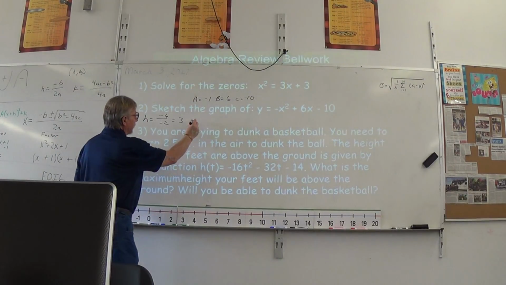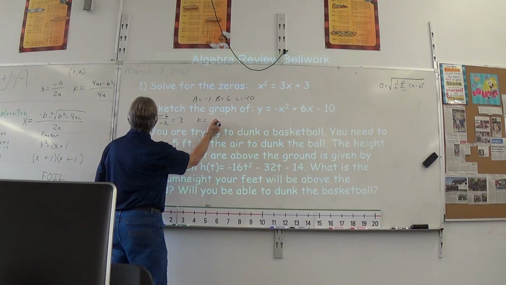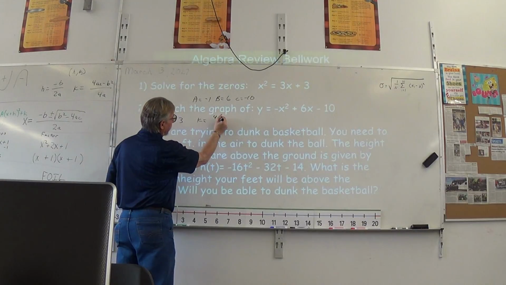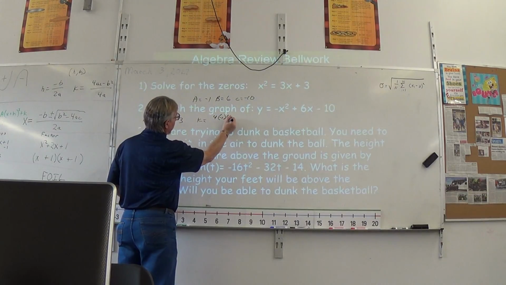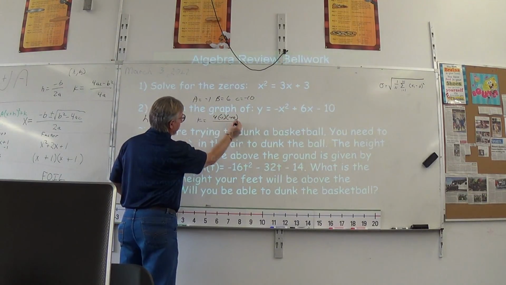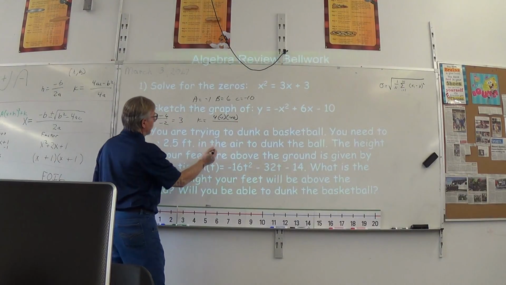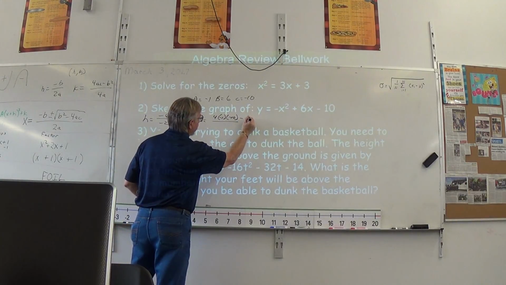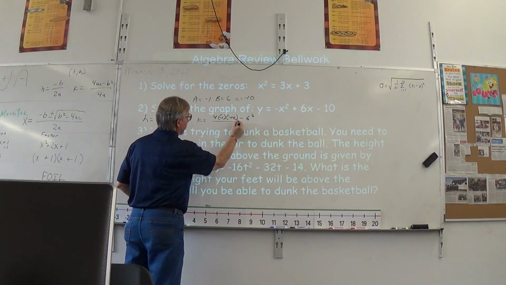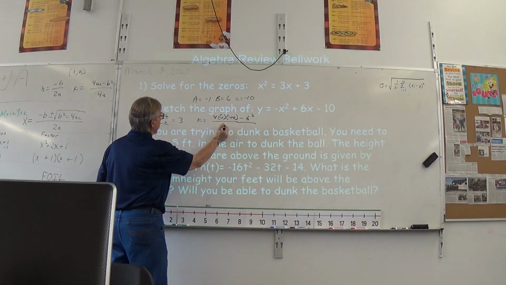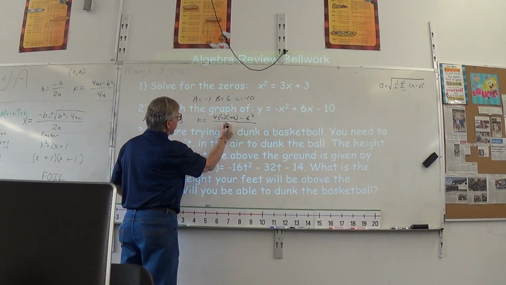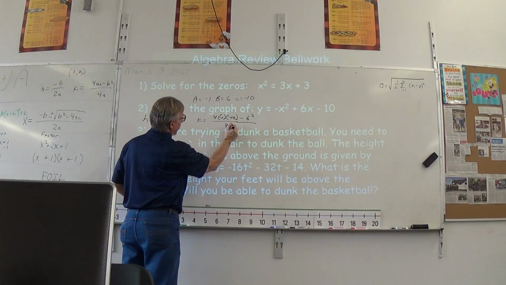Now K is 4 times -1 times -10 minus 6 squared, divided by 4 times -1.